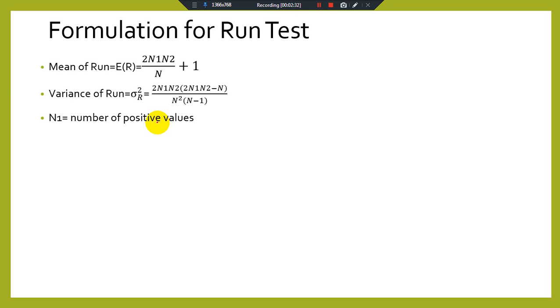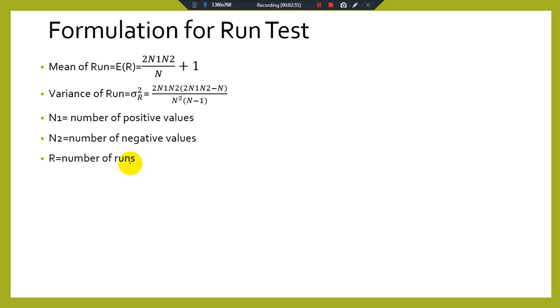So n1 represents how many positive observations are available in the series, and n2 is the number of negative values. Here n means the total number of observations, and r means the number of runs.